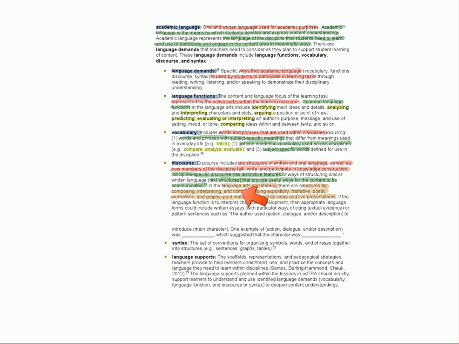Okay, so examples here. In the language arts and literacy, there are structures for composing, interpreting, and comprehending expository, narrative, poetic, journalistic, and graphic print materials, as well as video and live presentations. How people talk about things. Another way to think about this is if you imagine artists having an art critique about somebody's work, they'd have a very particular way of talking about things.